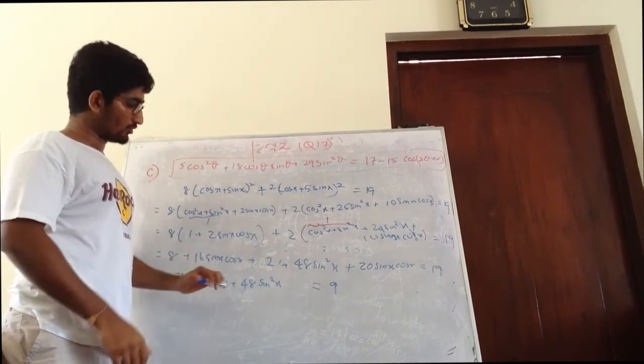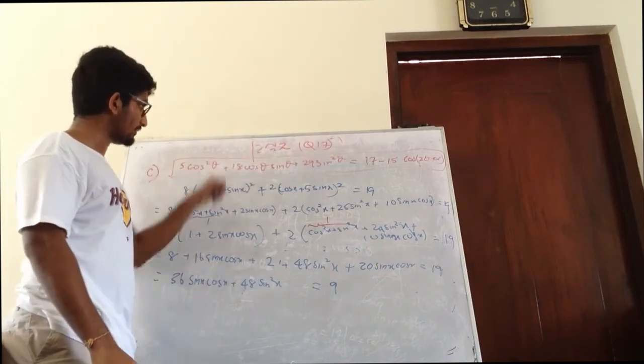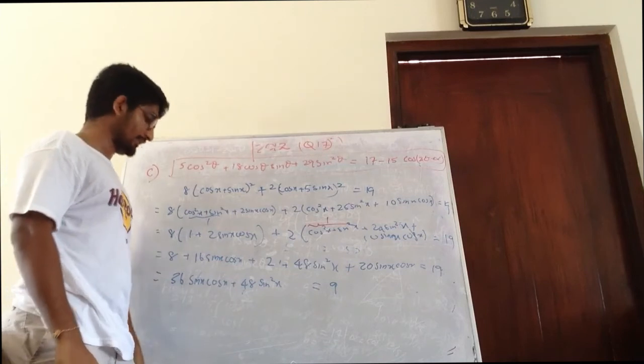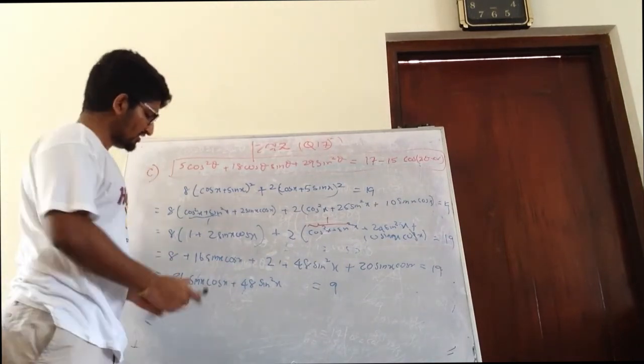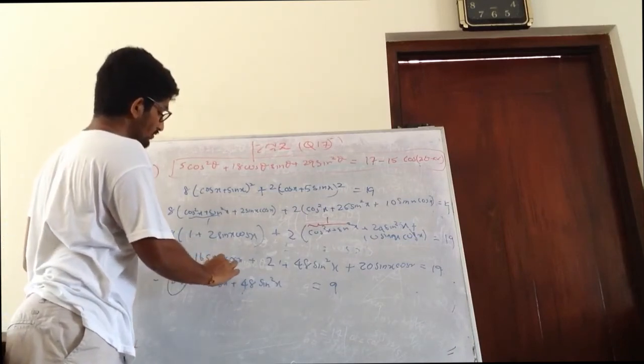Correct. Now here I have some sin term, but I don't have any cos term. And I see that this is 18 into 2, no?